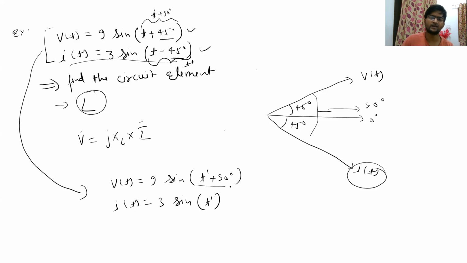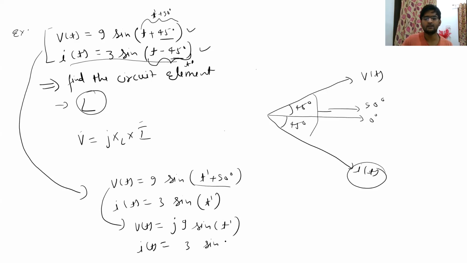So this equation can be rewritten as Vt is equal to, we can take the 90 degrees out and directly put j as we did earlier, 9 times sine t dash, and It will be equal to 3 sine t dash. So this is your equation 1, this is your equation 2.